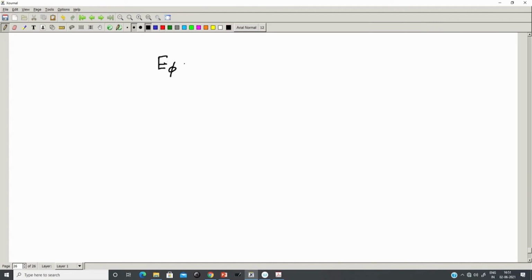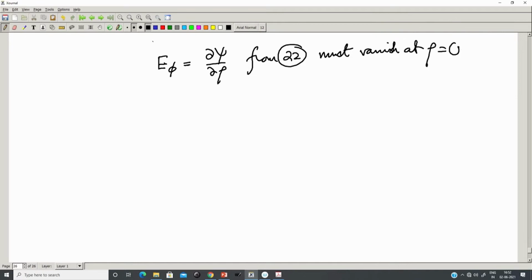So, E phi, which is del psi del rho from 22, must be equal to 0 or must vanish at rho equal to A. So, you can easily see that 22 gives the electric fields for the TE to Z mode and E phi is del psi del rho.